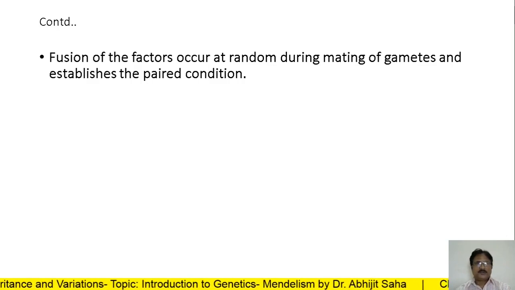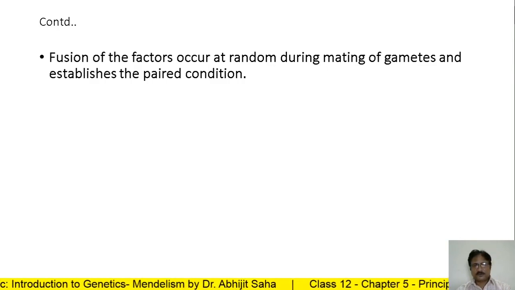So these factors in the parent were in twos, meaning there were two doses. In the gametes, they become a single dose, and again in the zygote, they become double doses.